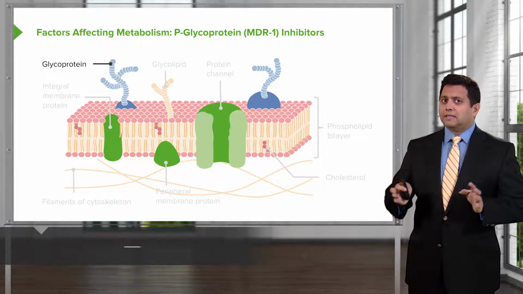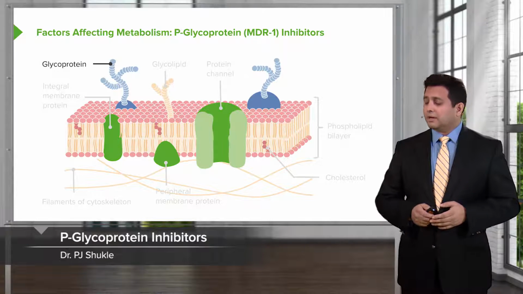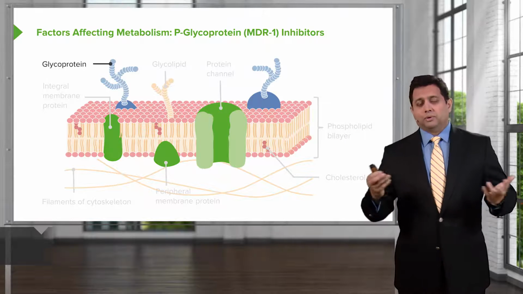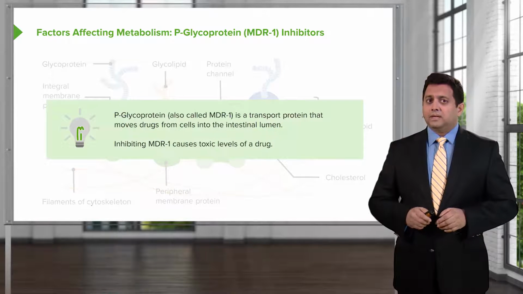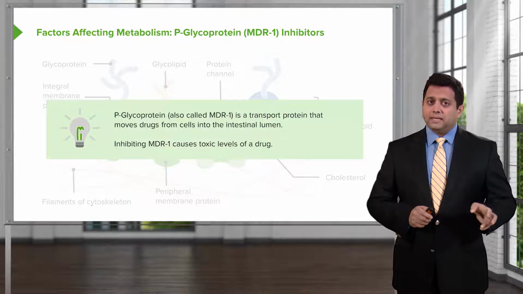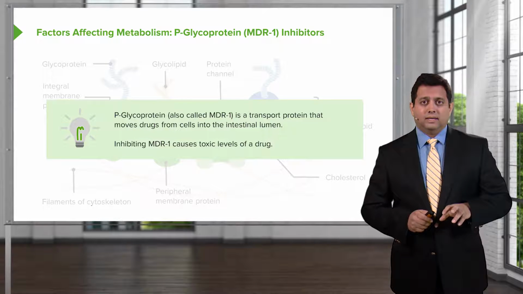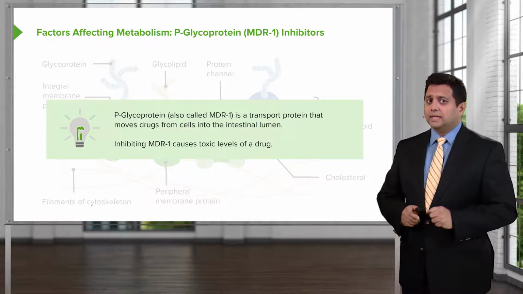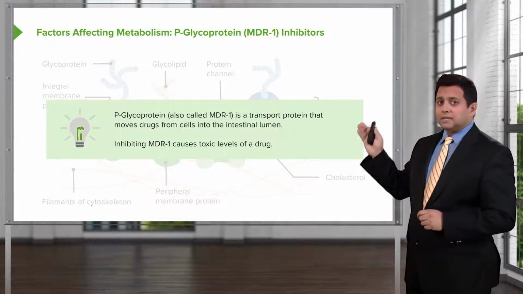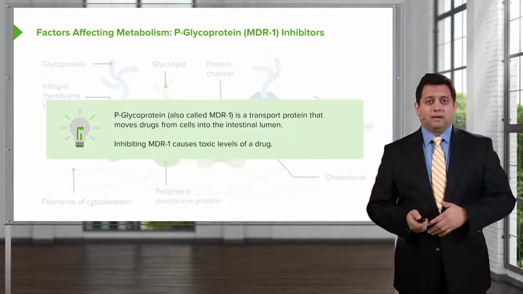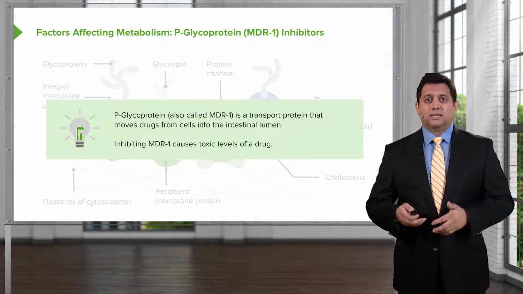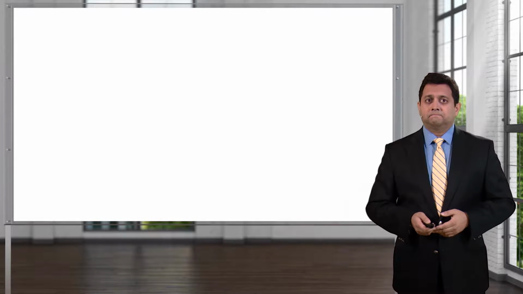Now, let's go back to that P-glycoprotein that we were talking about, the P-glycoprotein or MDR inhibitors. So we have a whole list of them. P-glycoprotein, I'm going to repeat this, is also called MDR1. It is a transport protein, and it moves drugs from outside the cell into cells or into intestinal lumen. Inhibiting MDR at the gene level causes toxic levels of a drug.